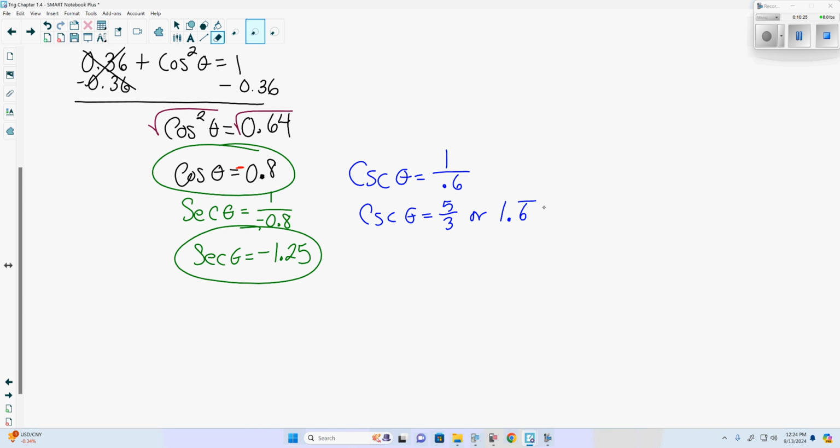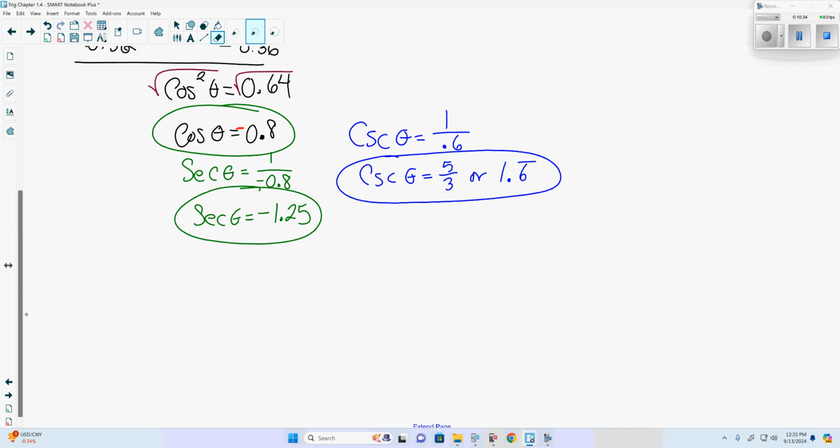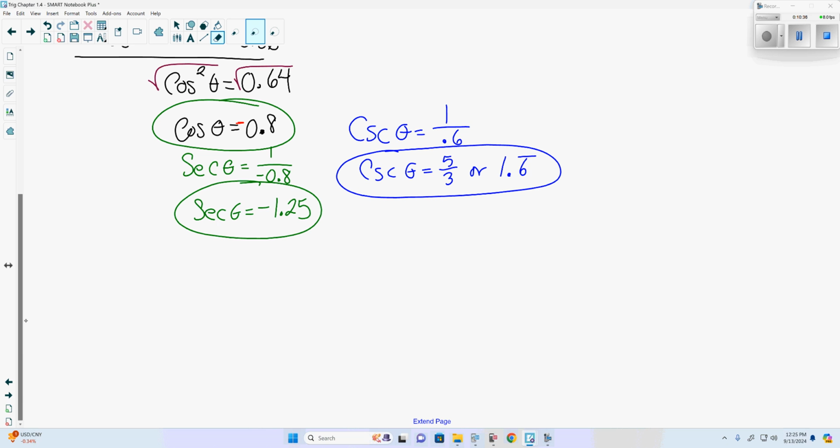Either one of these here. Now, what are the only two that we're missing? Tangent and cotangent.